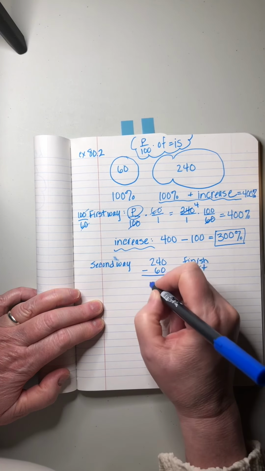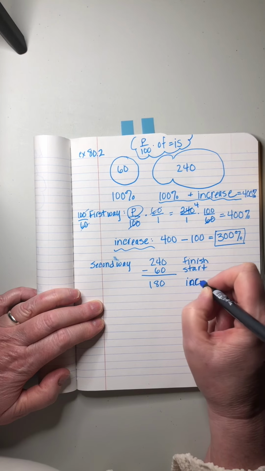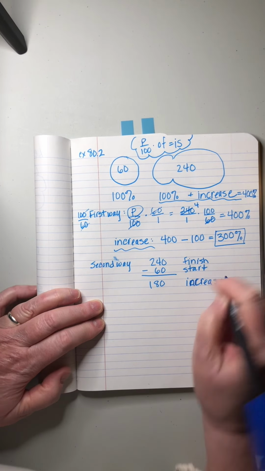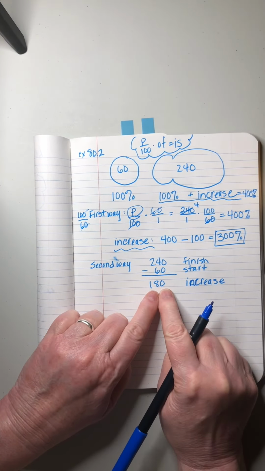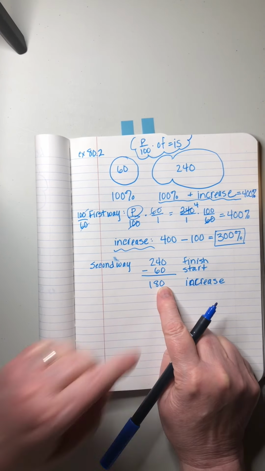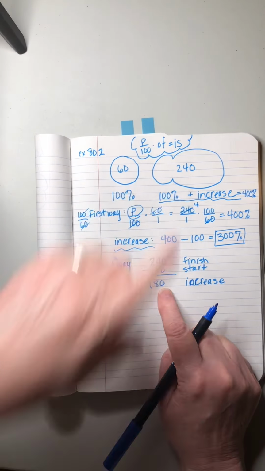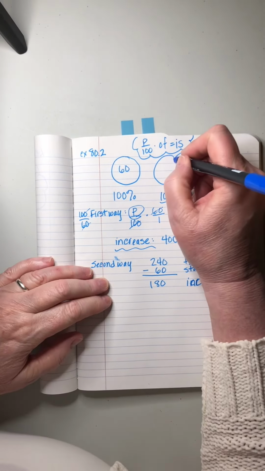So that tells us that we increased, whoops. We calculate the increase number instead of the 240 that represents everyone. We could break this down.